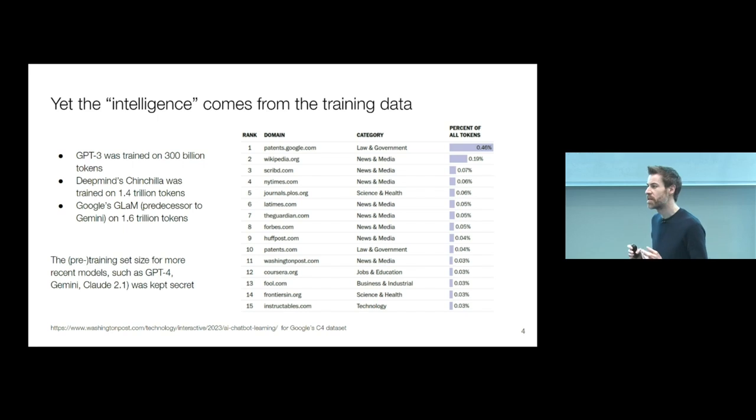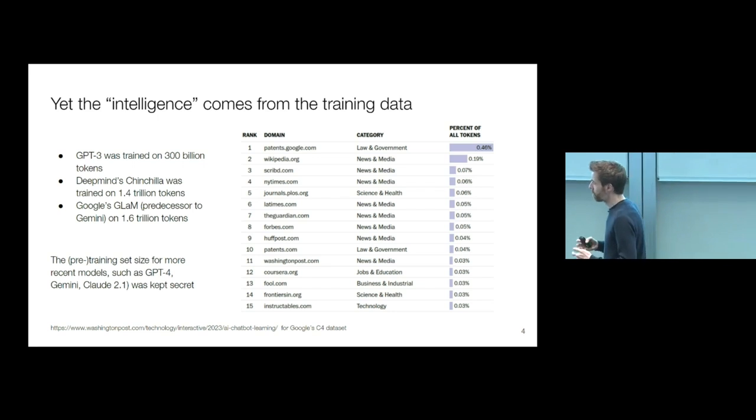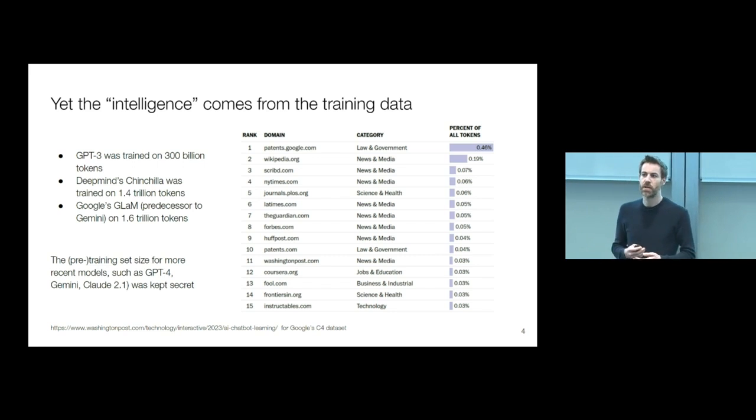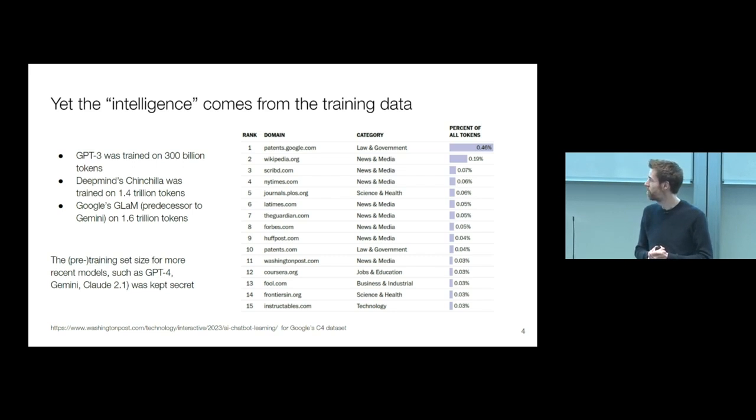But fundamentally, the intelligence, both the ability to write and what it knows, comes from training data. All modern models are trained on crazily large amounts of data. GPT-3 was 300 billion tokens. The DeepMind one was 1.4 trillion. GLaM, the one that came before Gemini, 1.6 trillion tokens.